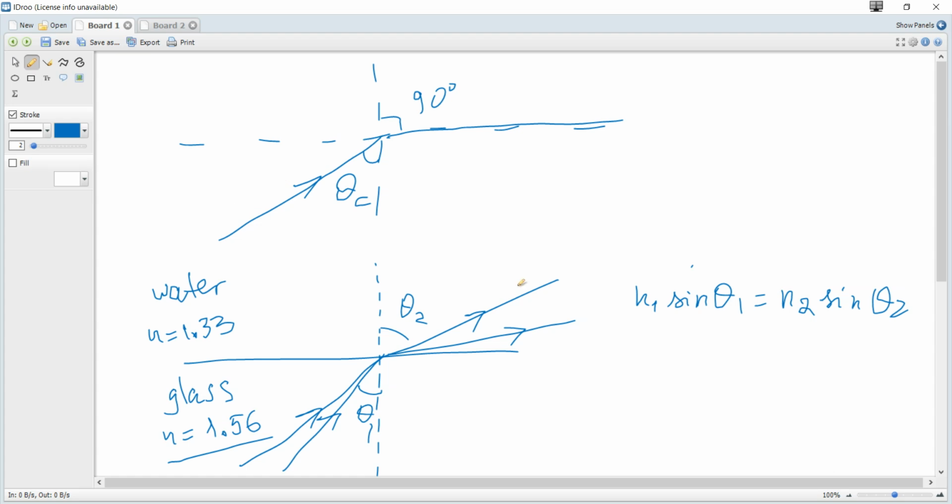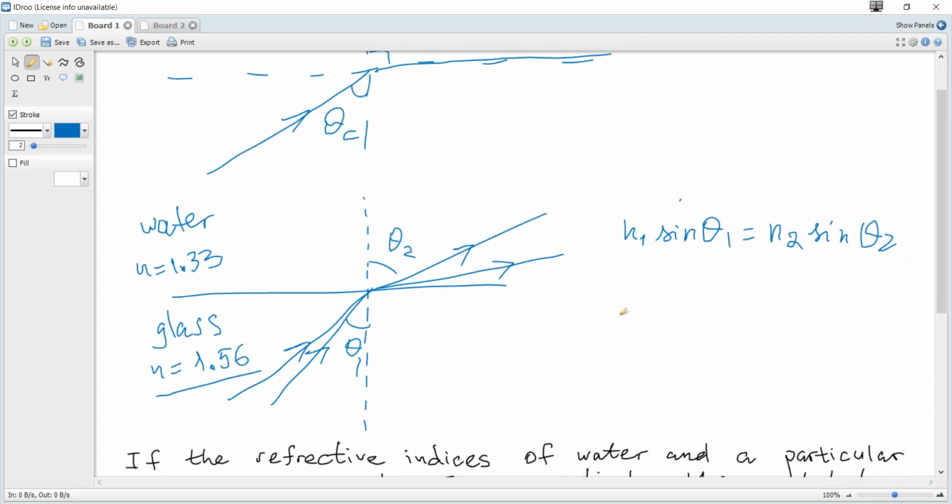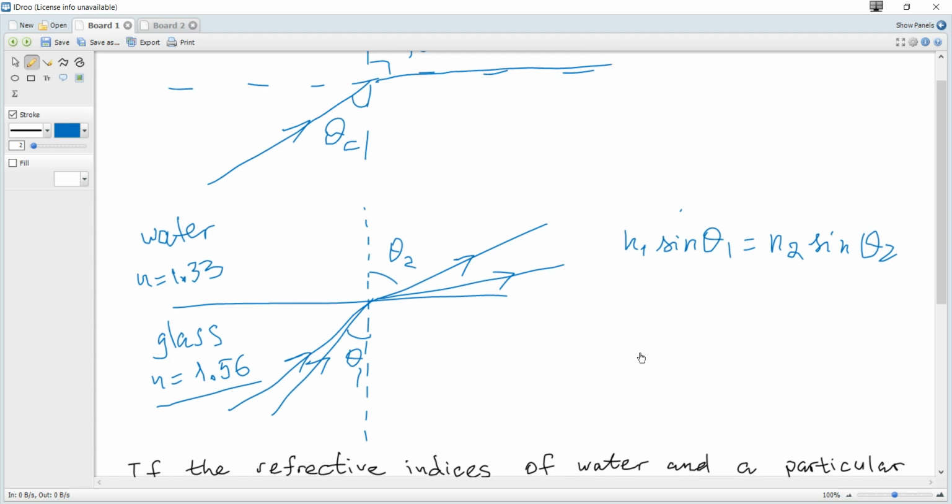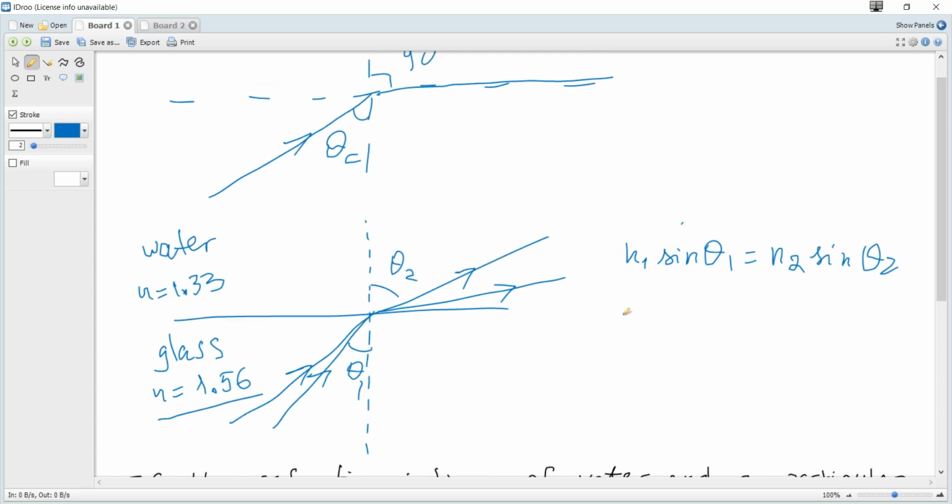And how to find this critical angle? Quite easy, the same equation. It becomes 1.56 times sine of theta critical is equal to 1.33 sine of 90, which is 1, and sine of theta critical is equal to 1.33 over 1.56.